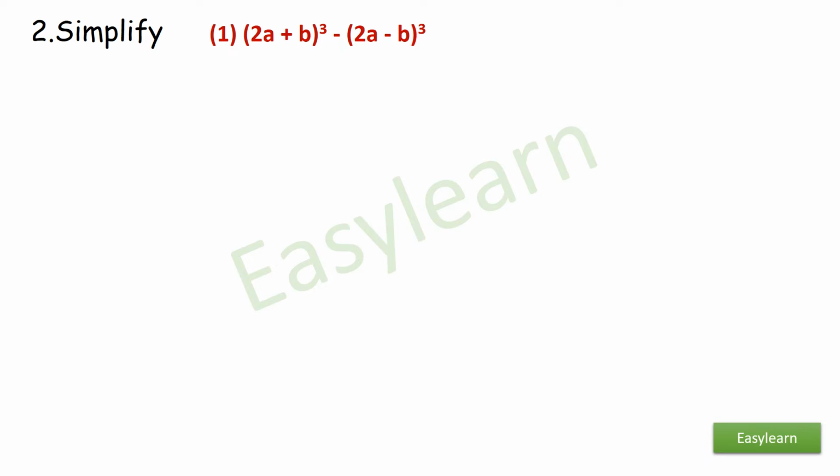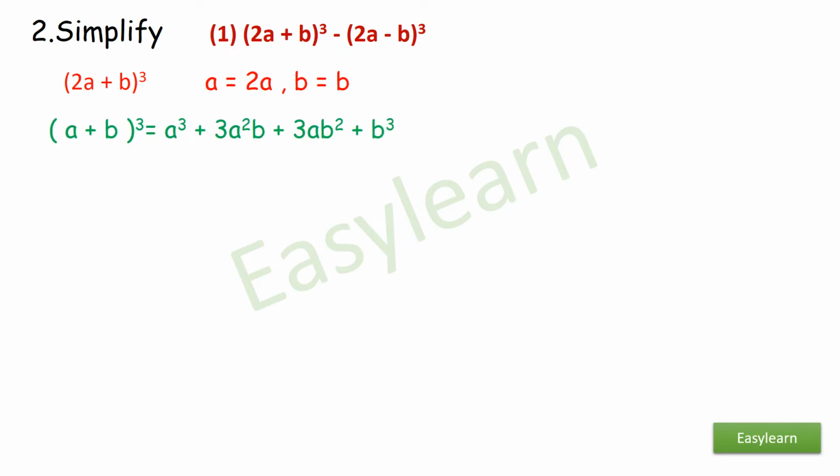First, I will solve it for the first bracket, that is 2a plus b the whole cube. In this, the value of a is 2a and b is b. I will write the formula for plus, that is a plus b the whole cube is equal to a cube plus 3a square b plus 3ab square plus b cube. Now I will substitute the values of a and b.